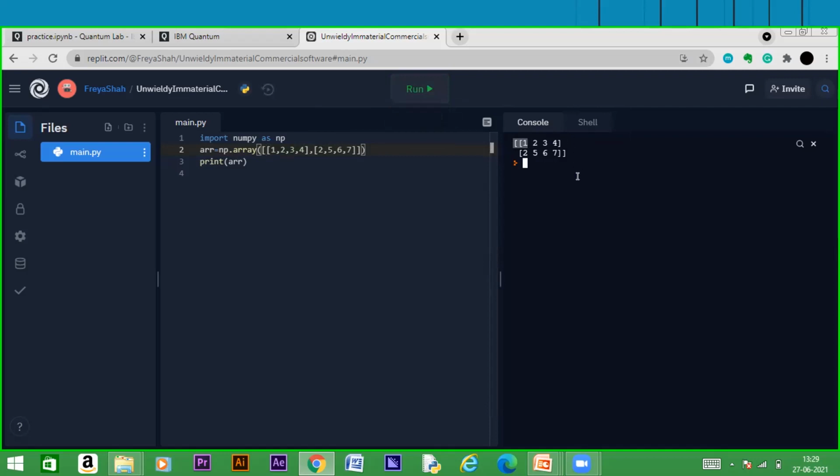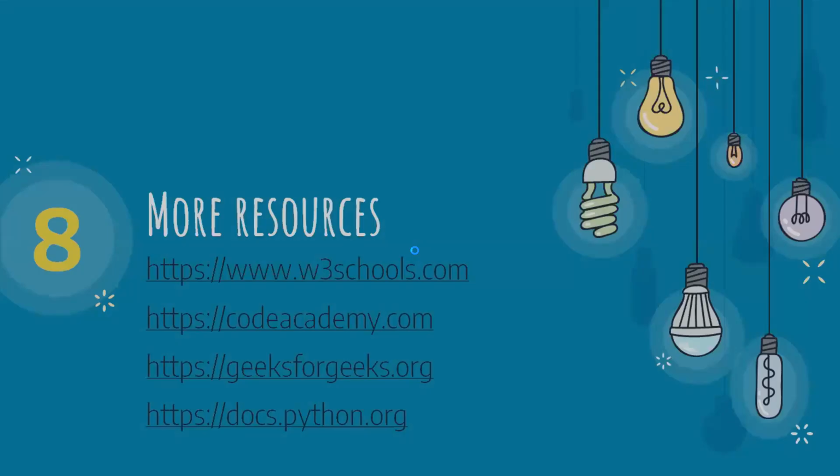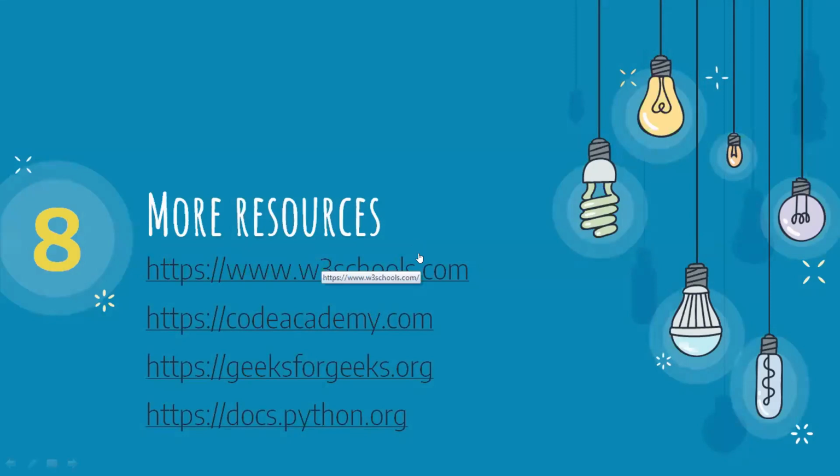And the same way, we can also create a three-dimensional array using NumPy, and we can use it in quantum computing. So that was all about the basic overview of Python, and you can check out some of those resources to learn more about it.